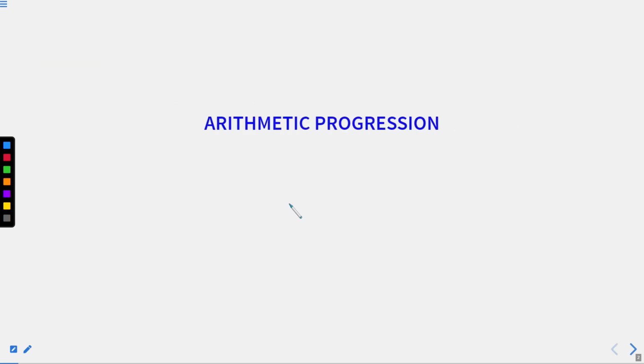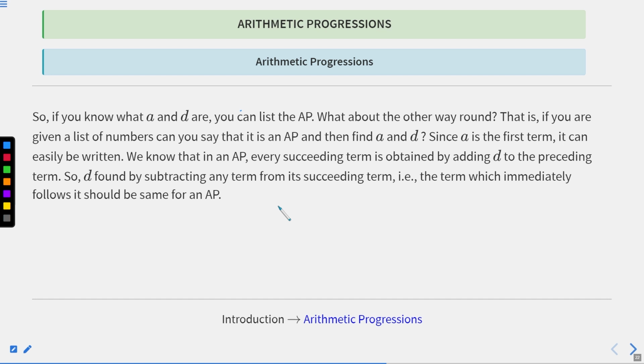In our previous lecture we discussed the introduction of arithmetic progression, and we saw some examples. In today's lecture we first discuss the minimum information needed to make an arithmetic progression.